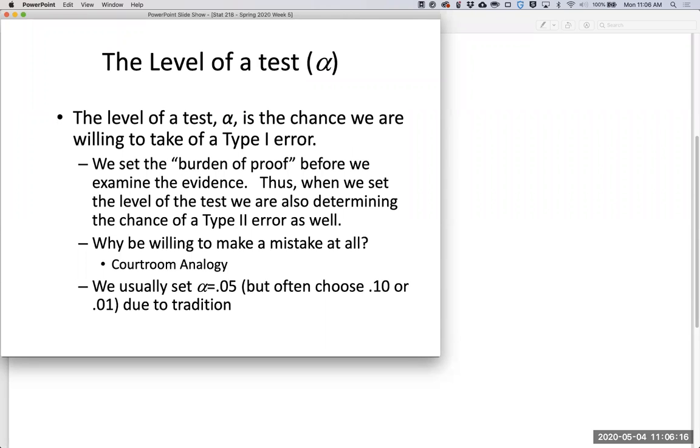So my claim is this: if you want to literally limit your chance of a type 1 error, which is convicting a person who's really innocent, just don't convict anyone.